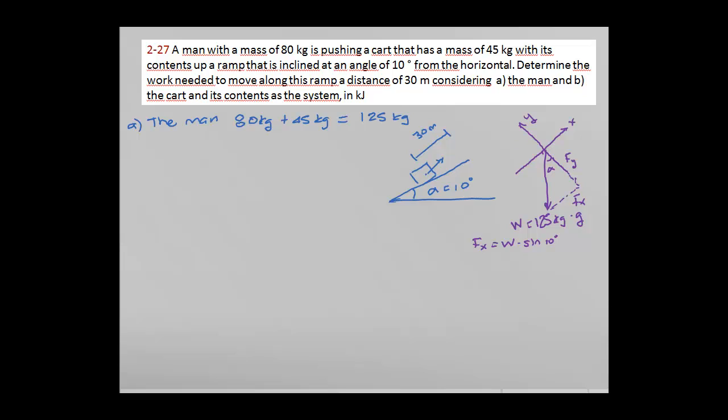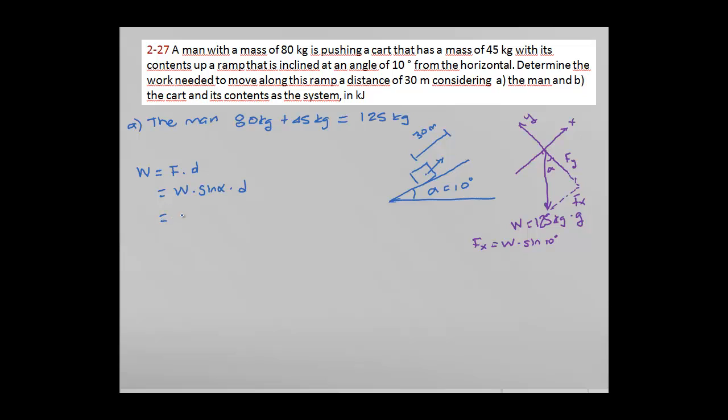So, going back to our solution, the work that we need to do is the force times the distance that we need to move. Force, we already know is the weight times sine of the angle, times the distance, right?